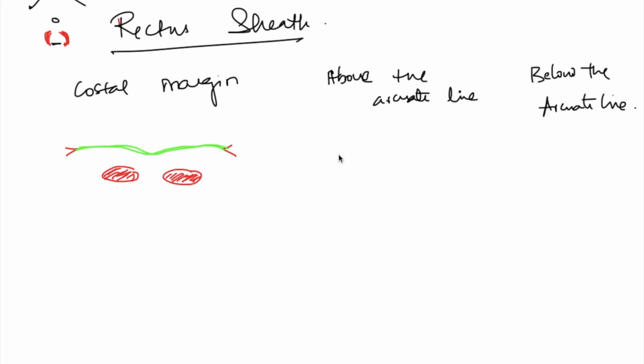Now, what happens at this level above the arcuate line? Here we have all the 3 muscles, correct? We have the external oblique, then the internal oblique, and then the transversus abdominis. Similarly on this side as well. Now the internal oblique fibers are going to split like that and cover the rectus muscle.